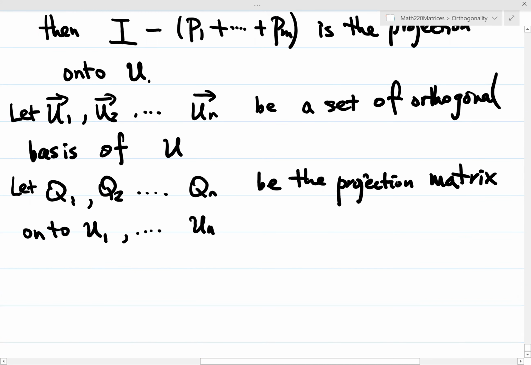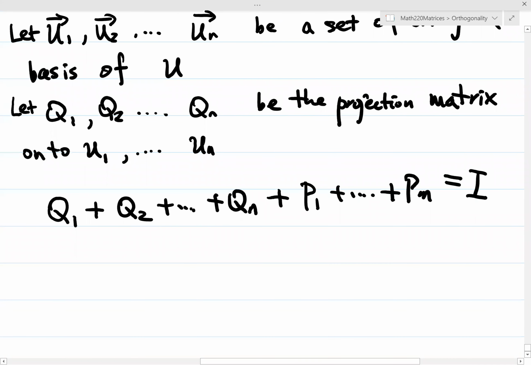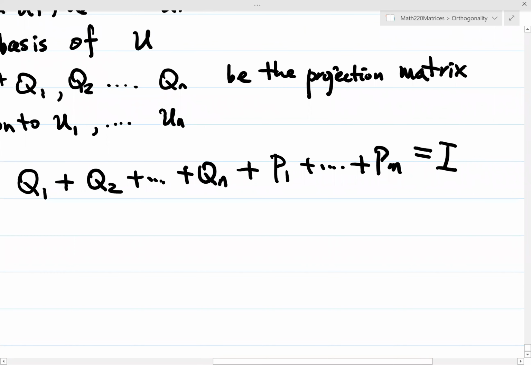Now we have the completeness relation. The projection on U plus the projection on its orthogonal complement, P1 plus through plus Pm, is the identity. So you add all possible projections for each orthogonal dimension, and then this is just the vector itself. This is called completeness.